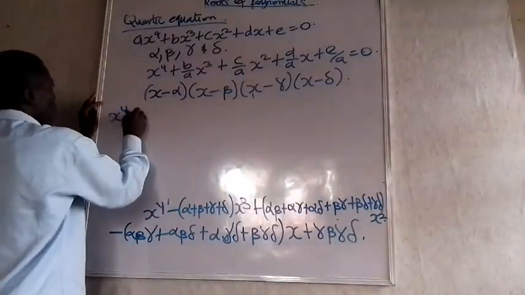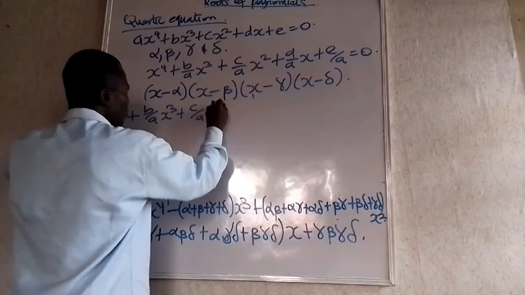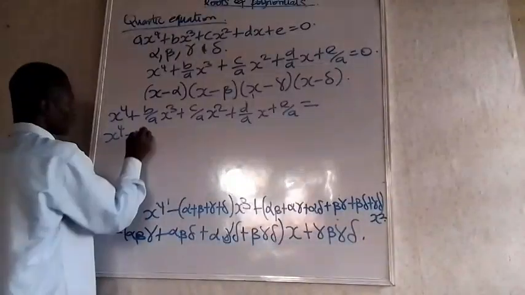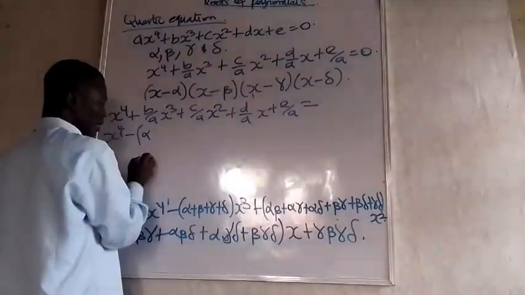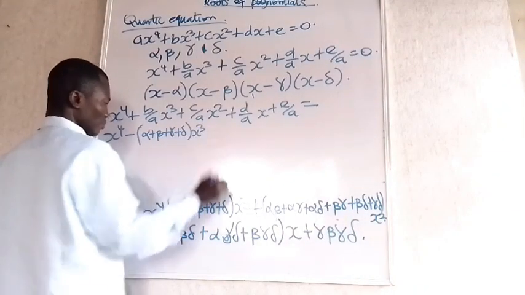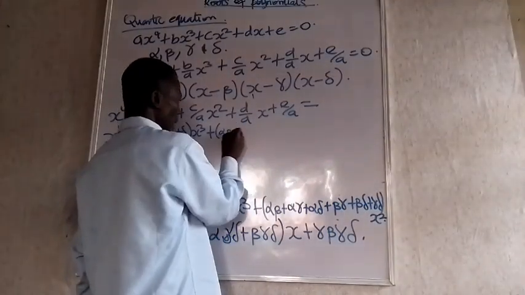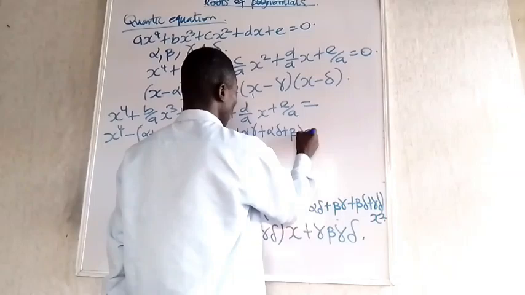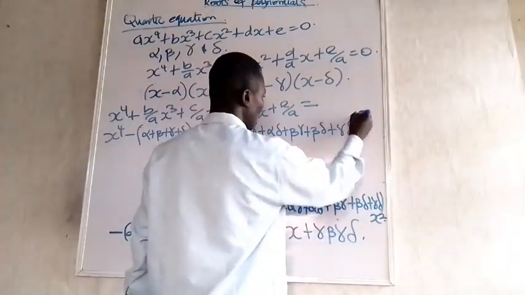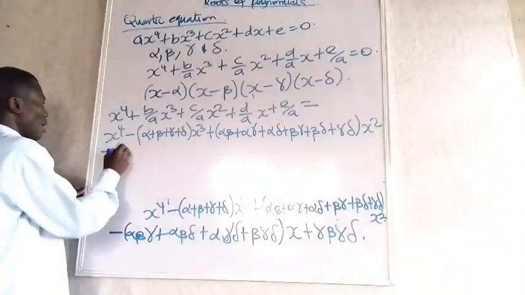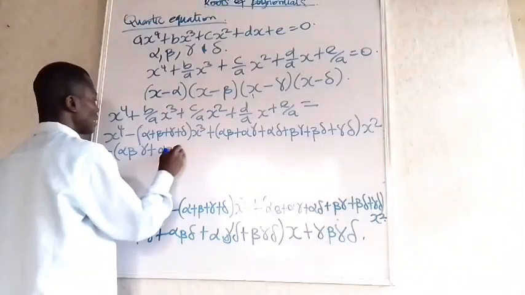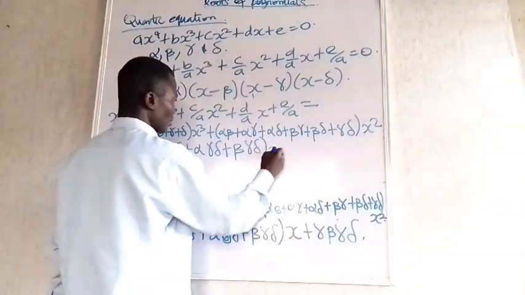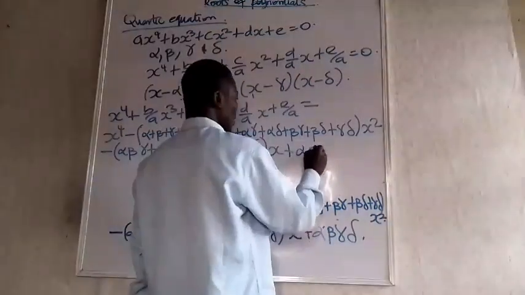So we can now say x raised to the power 4 plus b over a x cubed plus c over a x squared plus d over a x plus e over a is equal to x raised to the power 4 minus alpha plus beta plus gamma plus delta x cubed plus alpha beta plus alpha gamma plus alpha delta plus beta gamma plus beta delta plus gamma delta x squared minus alpha beta gamma plus alpha beta delta plus alpha gamma delta plus beta gamma delta x plus, this one should be alpha beta gamma delta.